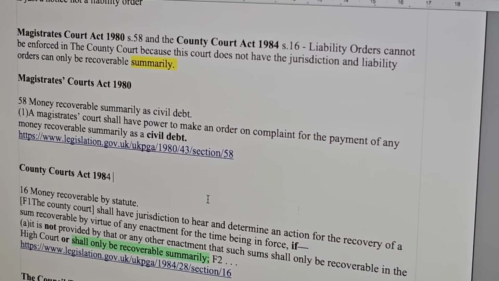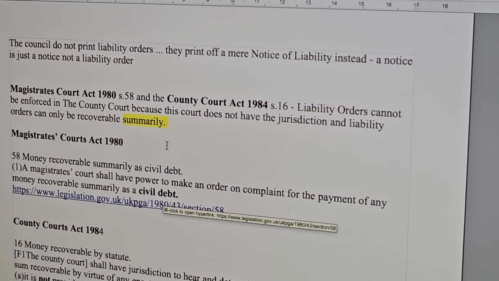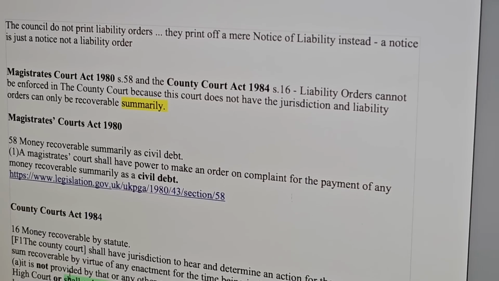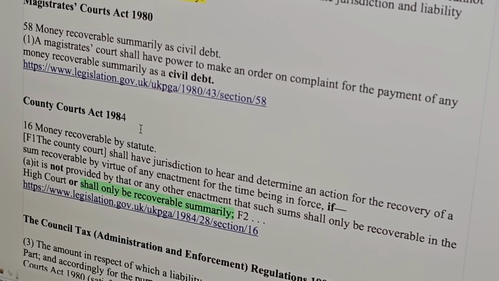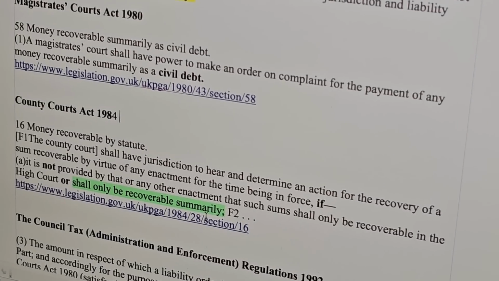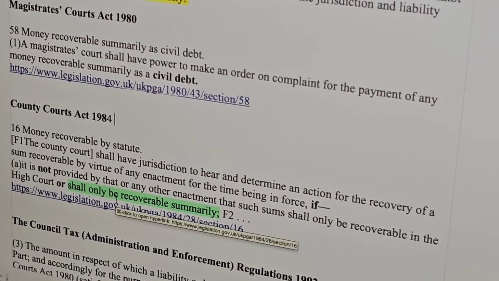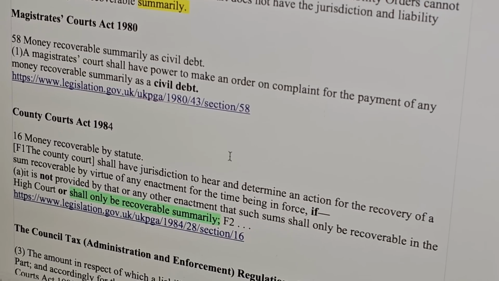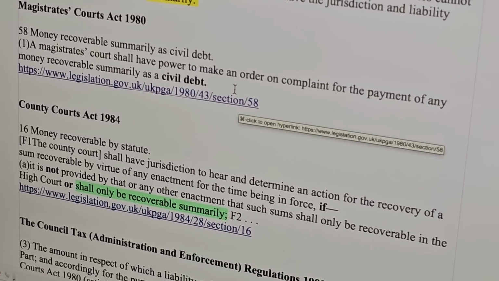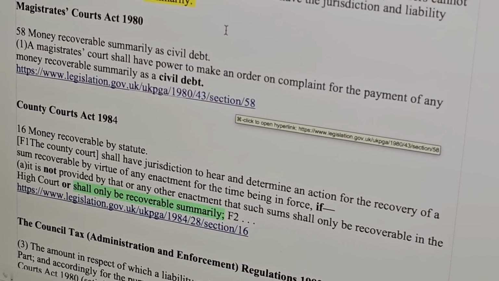But at the end of the day, this says otherwise. This says they don't have it. The County Court Act says they cannot recover it by statute because it's recoverable summarily. What does summarily mean? It's a civil debt. Recoverable summarily as a civil debt because it's not a fine.